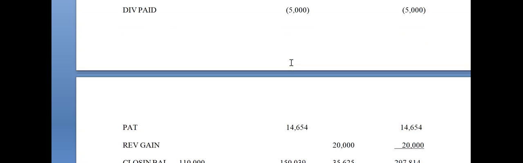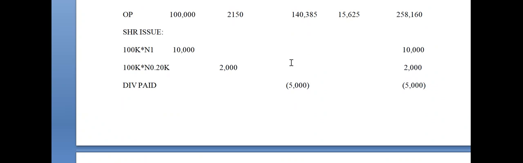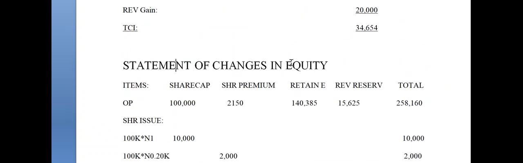Please check well, though. I don't want to be canceling. This is 143,85 minus 5,000 plus 14,654. Yes, it's 150, not 160. The retained earnings is correct.